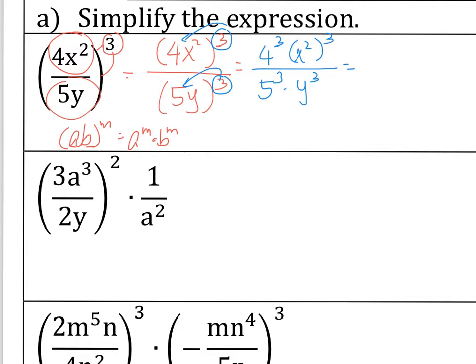So 4 cubed would give you 64, and 2 times 3 here gives you 6. Okay, we're using this property. And 5 cubed will give you 125, and y cubed.